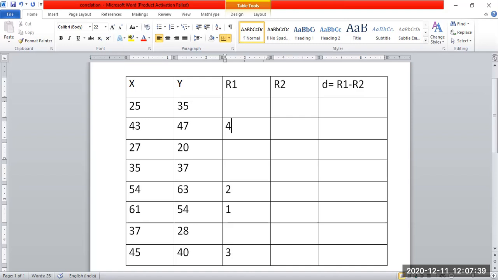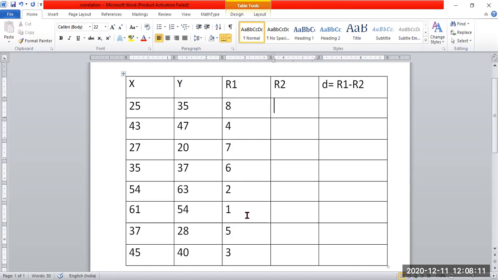The fifth one is 37, the sixth one 35, the seventh one 27, and 25 is the eighth one. So these are the ranks of X, nothing but the R1 series.